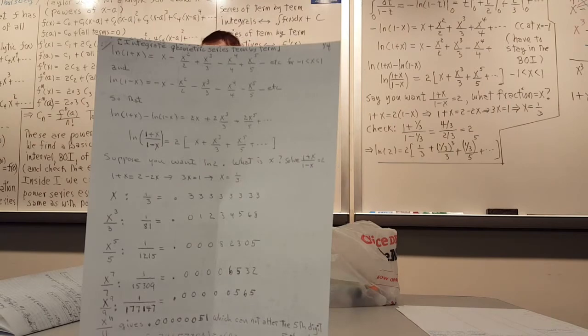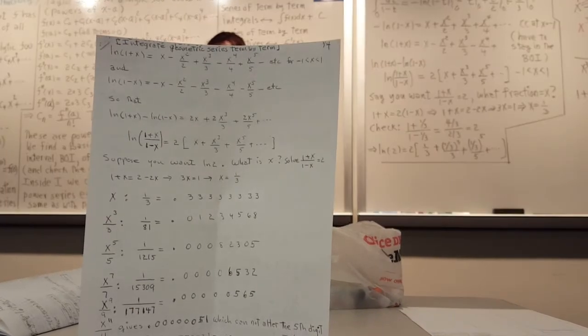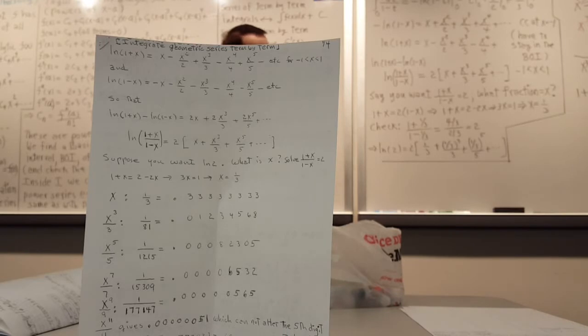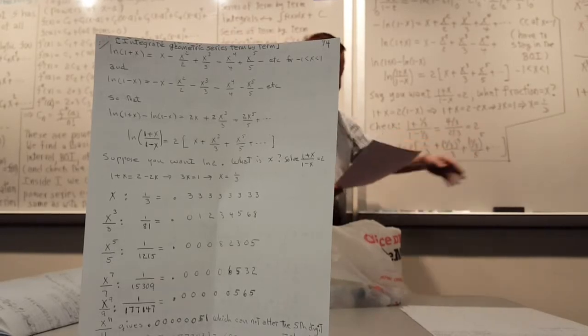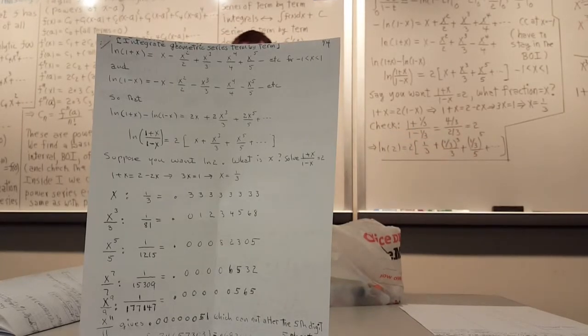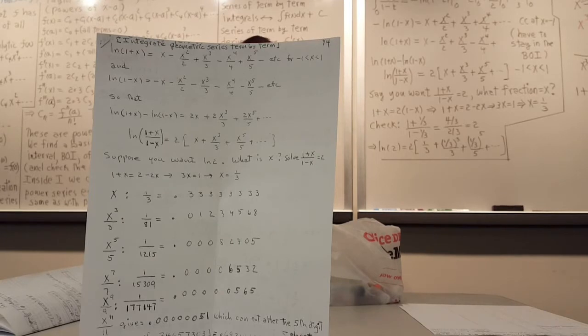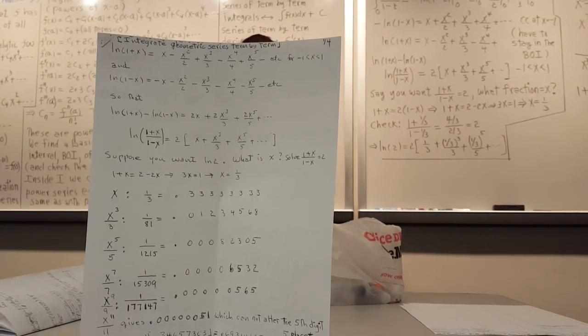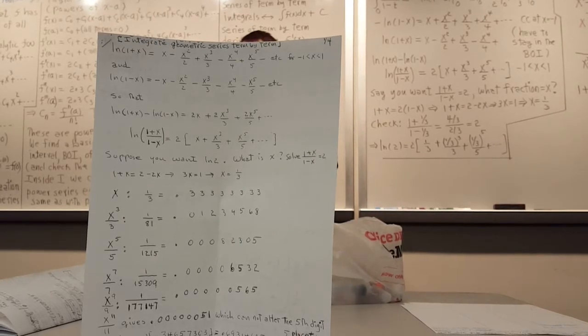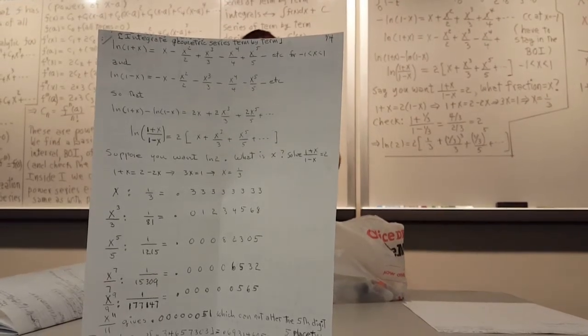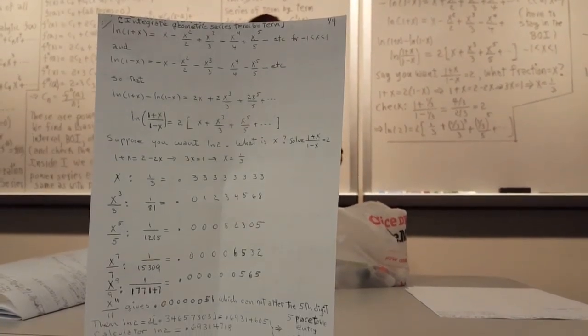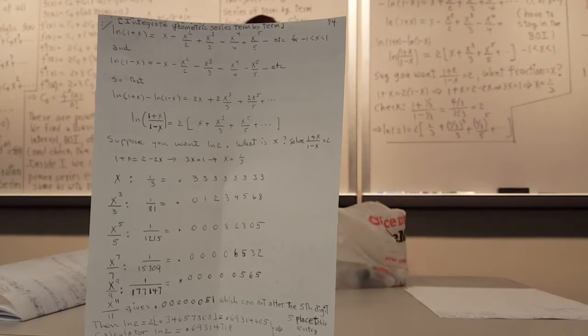Okay, so suppose you wanted log 2, and you see I show you the calculation why I'd use x equal 1/3. So if you were setting this up, 1/3, write the decimals, then x cubed over 3, a third cubed is 1 over 27, divide by 3 gets you 1 over 81.